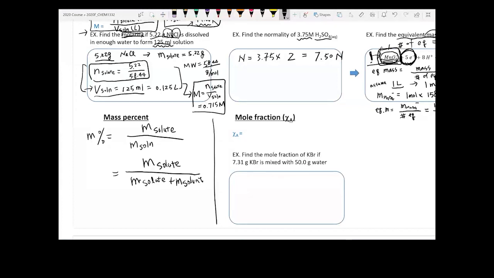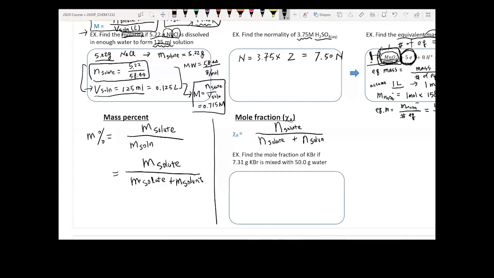So again, it's number of moles of your solute divided by number of moles of your solution, which equals the number of moles of your solute plus the number of moles of your solvent.